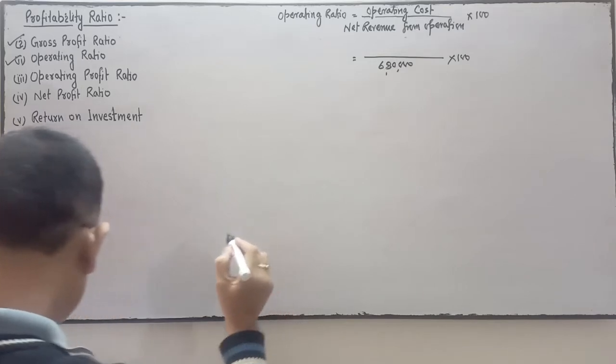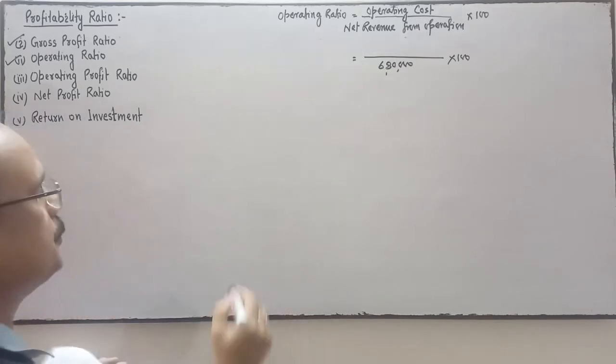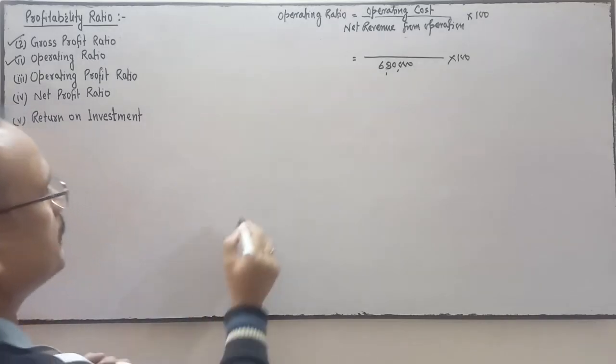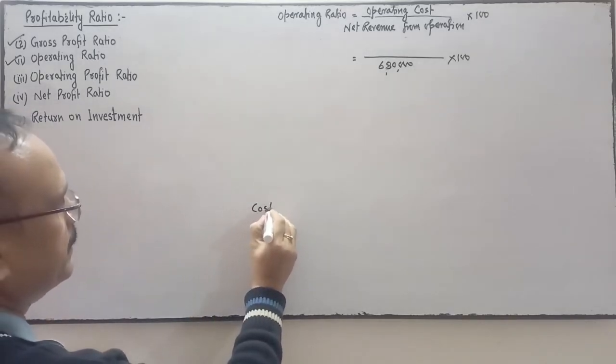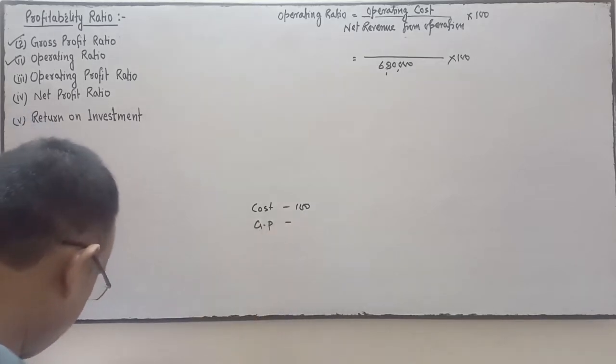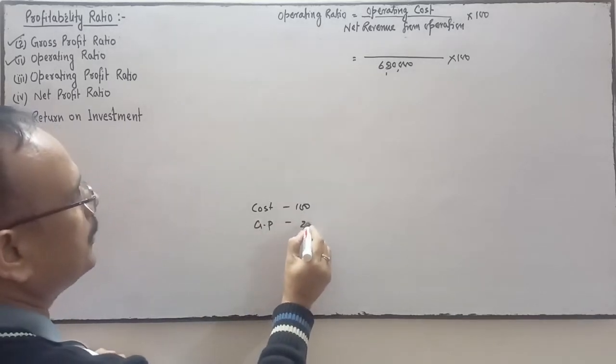Here one piece of information is related to GP ratio. GP on cost is 25%. Suppose cost is 100, then GP is how much? 25% on cost, 25.